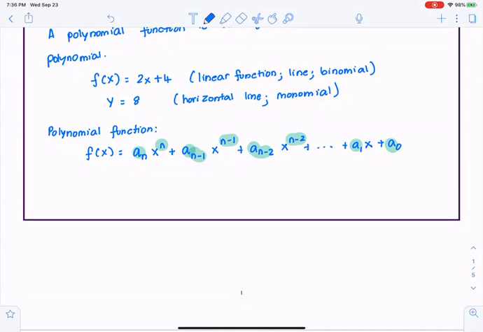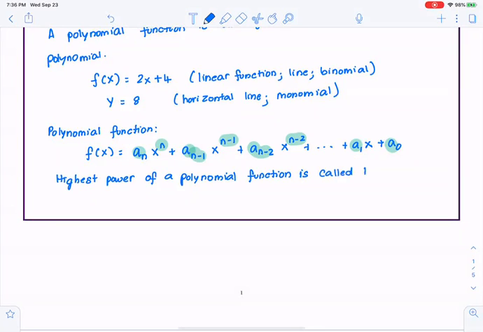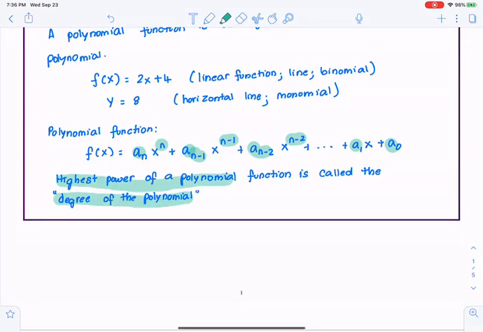The highest degree, the highest power of a polynomial is called the degree of the polynomial.